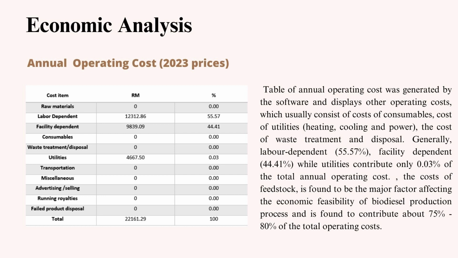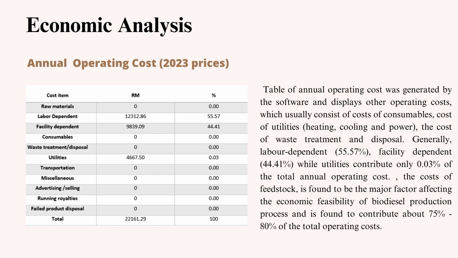Move to the economic analysis on annual operating costs for 2023 price. The table of annual operating costs was generated by the software and displays other operating costs, which usually consist of cost of consumables, cost of utilities like heating, cooling and power, and the cost of waste treatment and disposal.